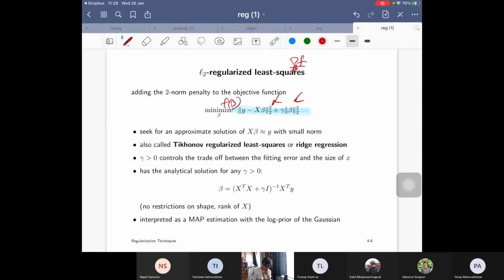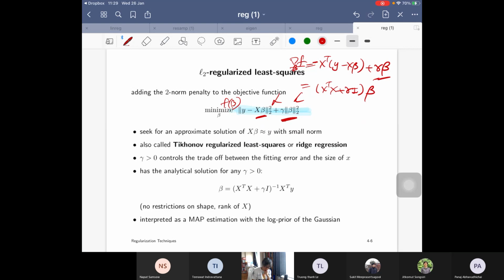I take the gradient with respect to beta, and the gradient would be x transpose (y minus x beta), with the minus sign because of the chain rule, plus gamma beta. This is the derivative of the second term. And then I can group the variable, that is x transpose x plus gamma I, times beta.